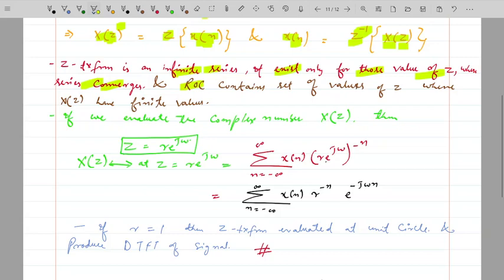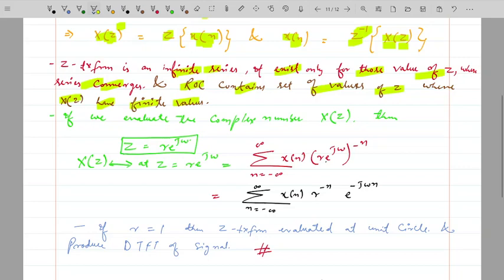Due to the region of convergence we find out whether our series converges or not. This depends on the magnitude of z. The ROC, region of convergence, contains the set of values of z for which X of z, the Z transform of the discrete signal, has finite values.